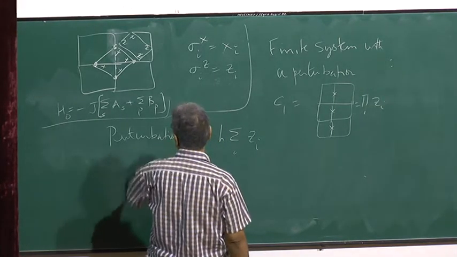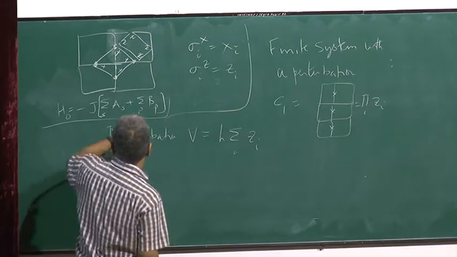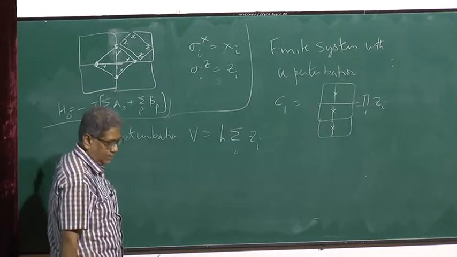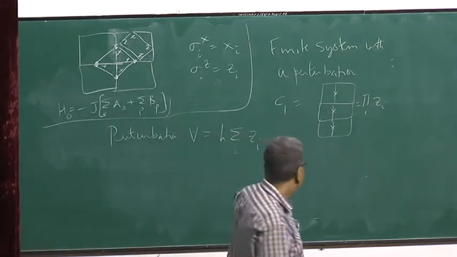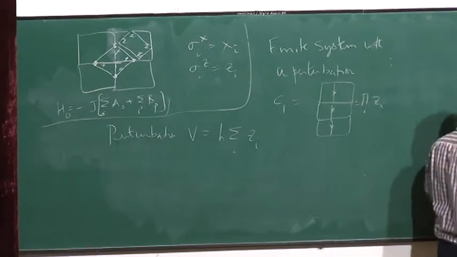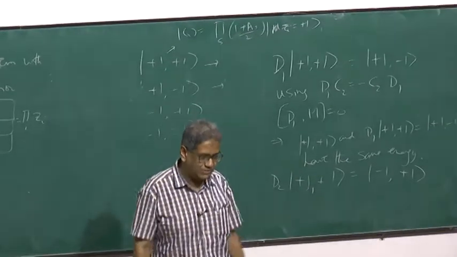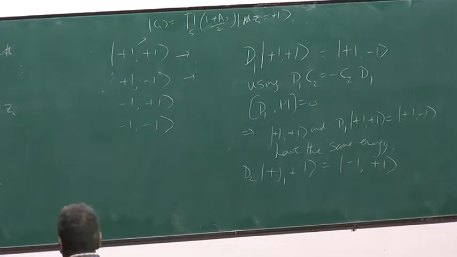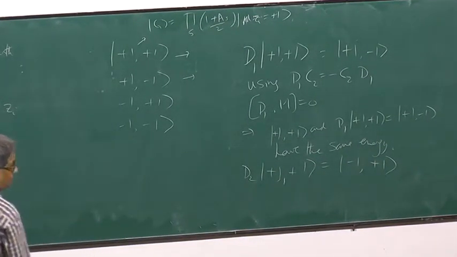It commutes with the B_p's, but it doesn't commute with the A_s's. So it doesn't commute with the Hamiltonian. So when you add a perturbation like this, because it doesn't commute with H naught, you would think that these four sectors will get mixed with each other. So you will not get a degeneracy of the ground state.